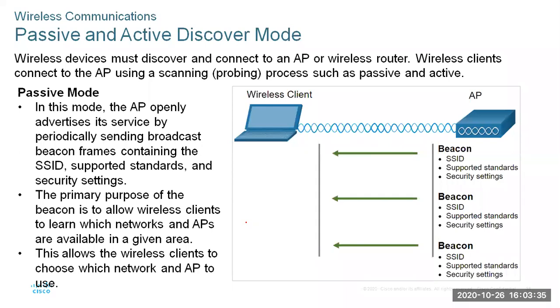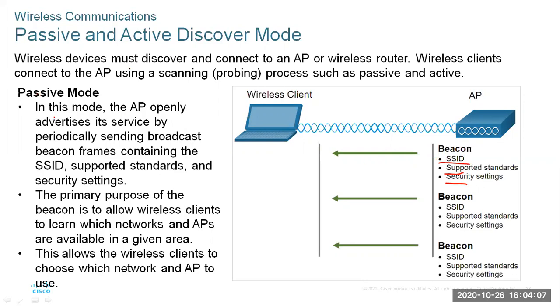Wireless devices must discover and connect to an access point or wireless router, and wireless clients connect to access points using scanning processes such as passive and active. So you see the access point is going to generate the beacon with the SSID, the supported standards, and the settings. All right, and if the client meets the requirements, then it connects.